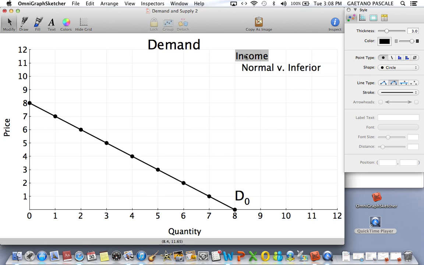Another item of importance to demand is the price of related goods.